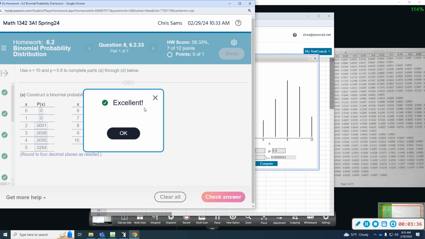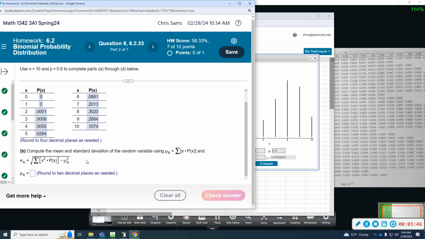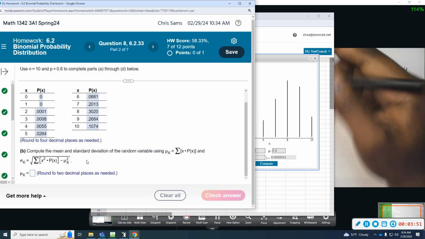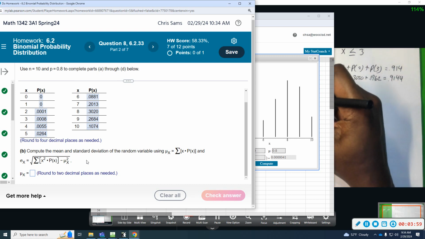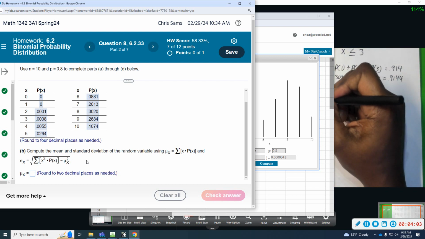All right. Part 2 says compute the mean and standard deviation of the random variable using the formula. With binomial, the mean is equal to n times p.